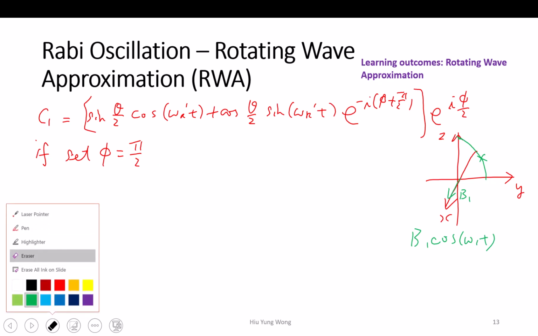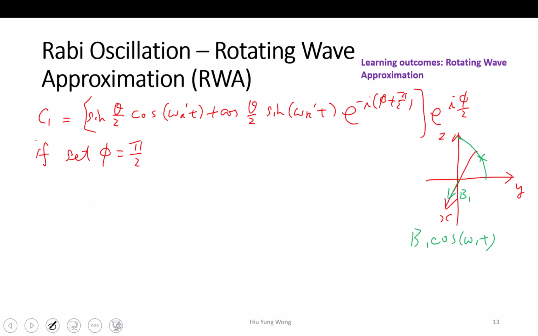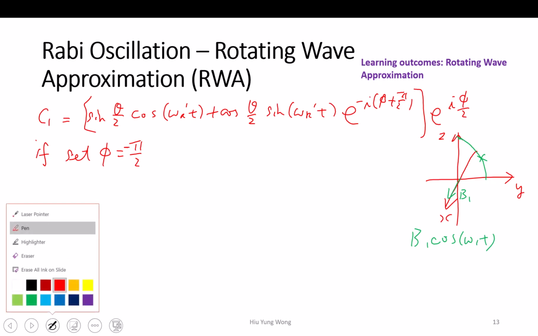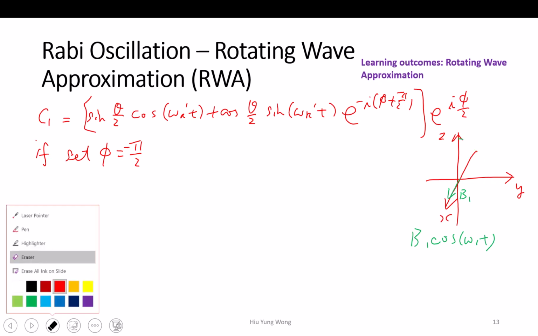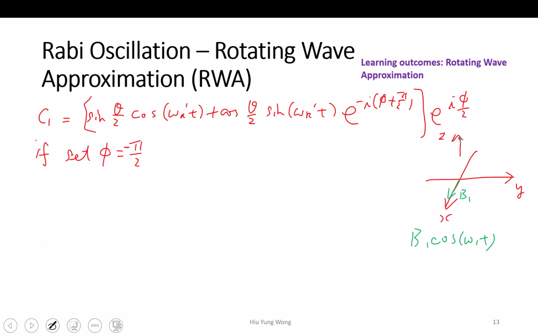Set it to be negative pi over 2 instead of pi over 2. So in this case, it's not here, but here. Still on the zy plane, you have a state psi anywhere along this zy plane.